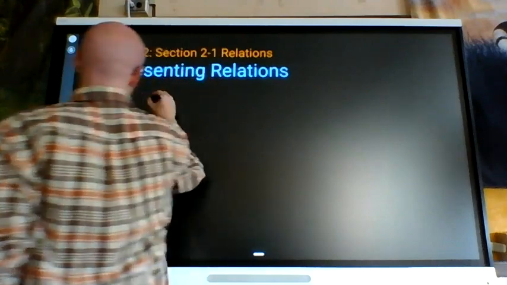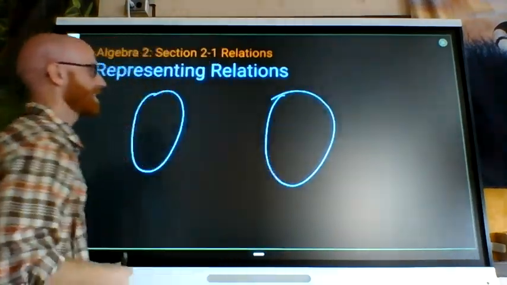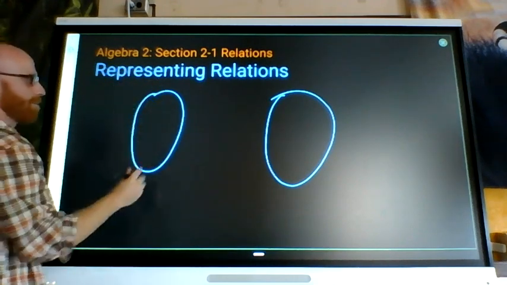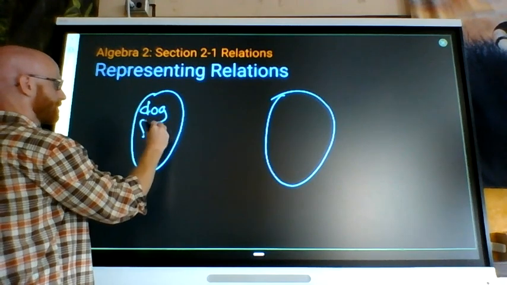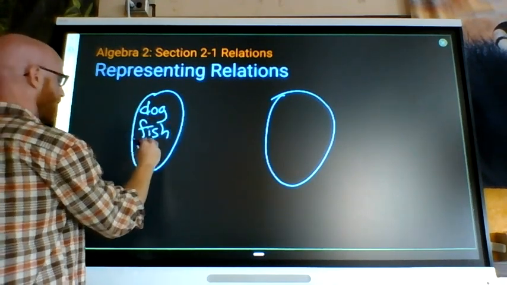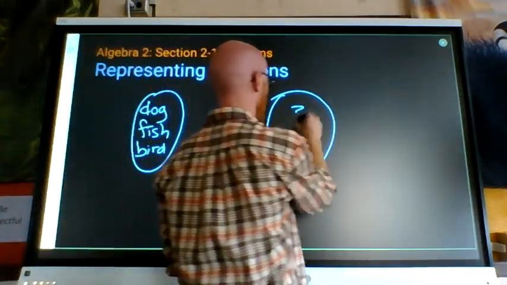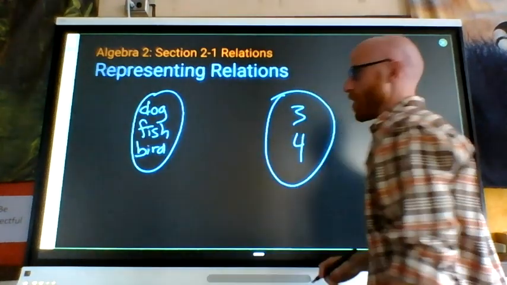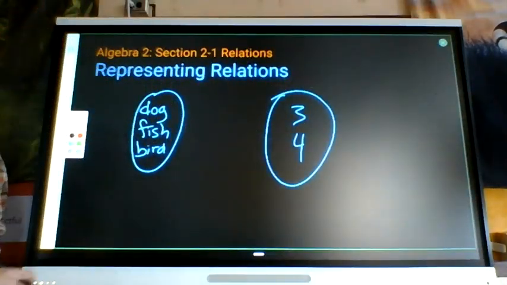Something that's similar to a table is called a mapping. A lot of times they'll draw ovals, but you could really have any shape. You put your domain, your inputs, in one of the ovals. So dog, fish, bird. Put your outputs in another circle, and then you connect your inputs to your outputs with arrows.